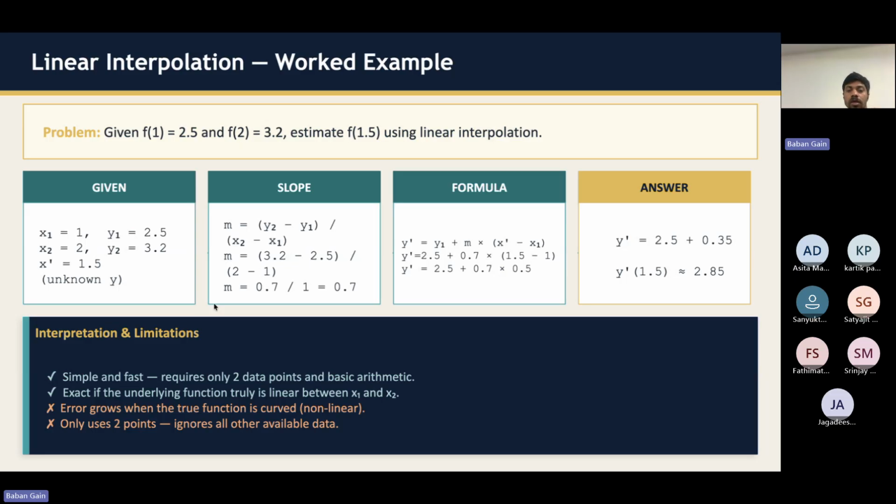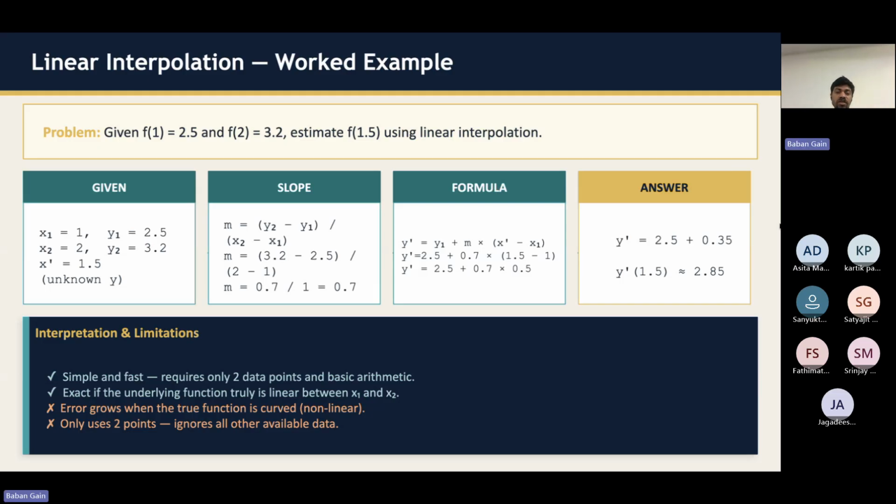If you divide that, you get the value of m, which is 0.7, and you just put this into the formula. You have y1 plus m, which is 0.7, into x prime minus x1. So x prime is the current value, which is 1.5, minus x1, which is 1. So if you subtract that, it is 0.5. So ultimately, after addition, the value is 2.85.